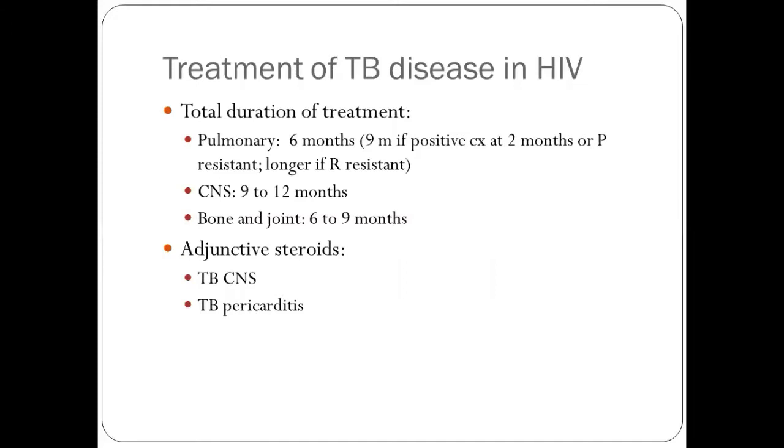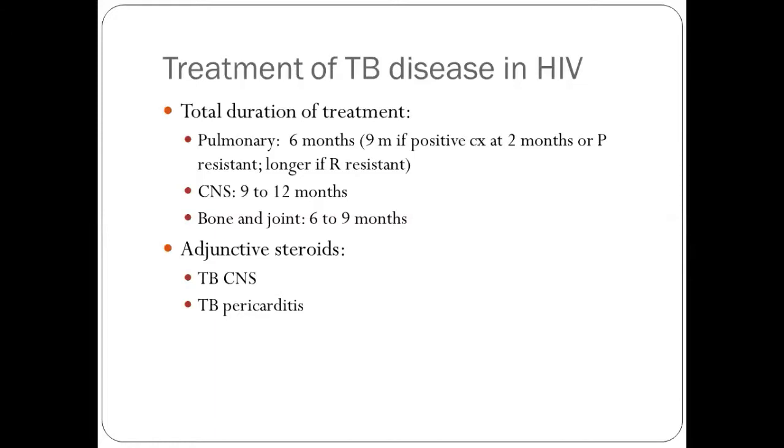Most of the time, if we're dealing with INH, isoniazid, monoresistance, we will also prolong the regimen to 9 months. Although there is some data for appropriate therapy and decent outcomes with just 6 months, most people will go up to 9 months. And we may need longer courses, even longer than 9 months, for strains that are rifampin resistant.